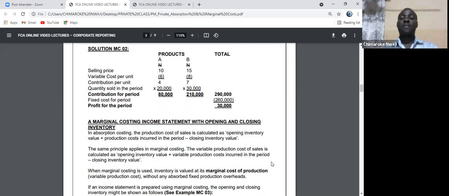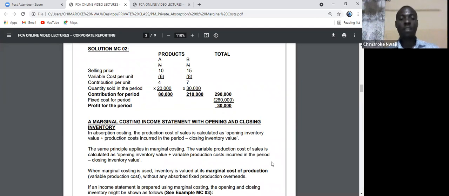In a financial statement, an income statement, we usually encounter something called opening stock and closing stock. And so in MCO1 and MCO2, we didn't mention stock valuation. What does that mean? We assumed that there was no opening stock and no closing stock.